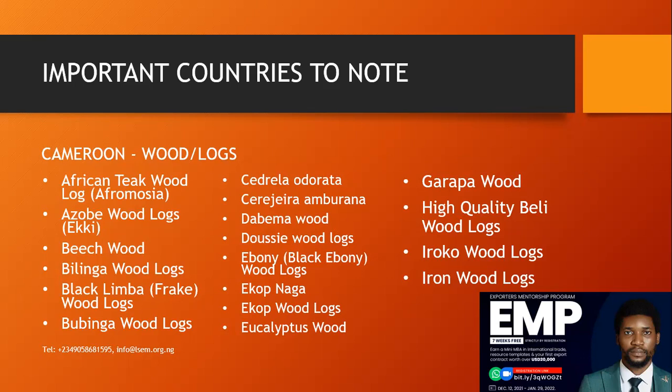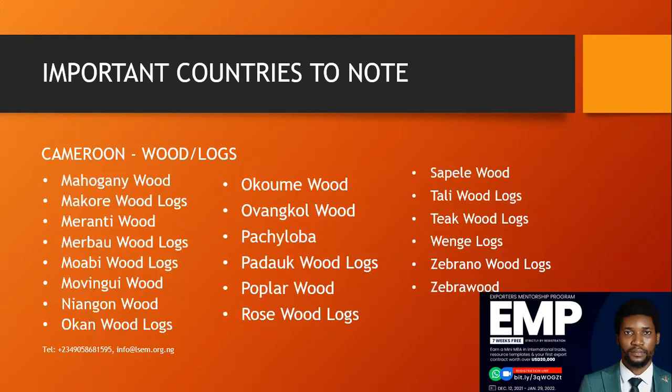We have the African teak wood, azobe, beech, belinga, black limber, bobinga, cedrela, amburana, dabima, dushi, ebony, ikop, eucalyptus, garapa, bellywood, iroko, and ironwood logs also. Mahogany, makore, meranti, mabao, moabi, movinki, okan.